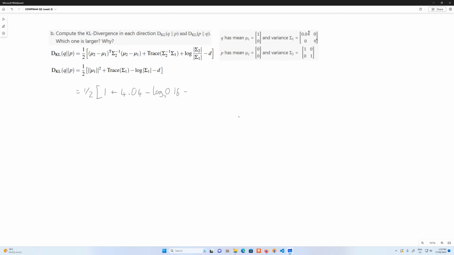And finally, we take away d, which similar to the previous part is 2 because we have 2 dimensions in our Gaussian. So that turns out to be 1/2 of 1 plus 4.04, that's 5.04 minus 2. We get 3.04.